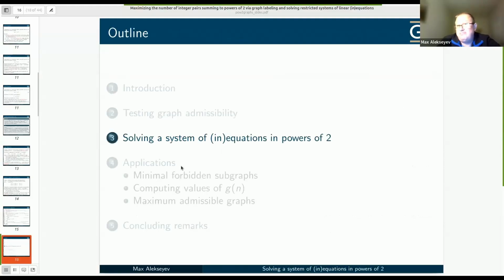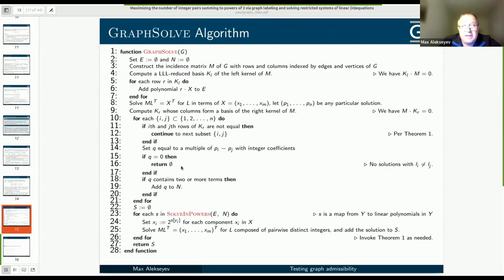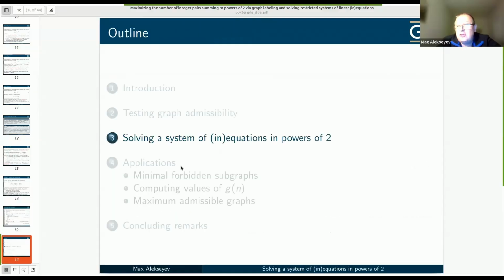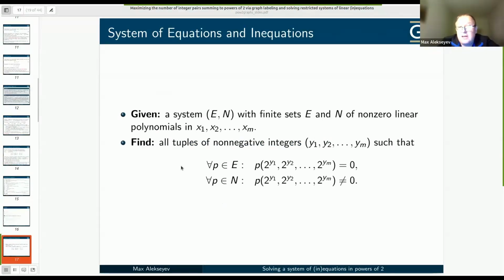Okay, now I need to explain how to solve in powers. So we are going to solve a system of equations and inequations in powers of 2. Let me remind you that we have a system composed of two sets, set E and set N. Both of them are finite sets of non-zero linear polynomials in variables x1 and so on, xm.